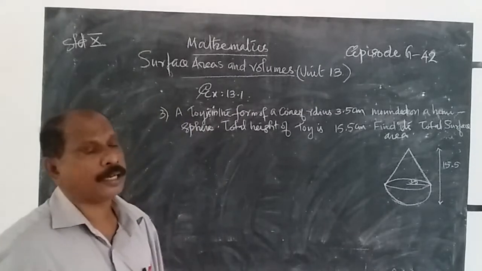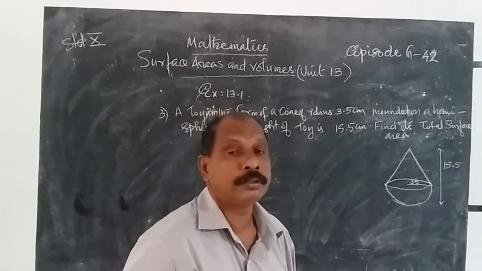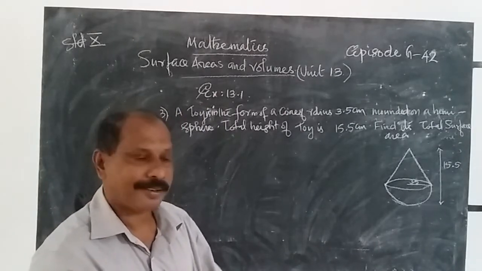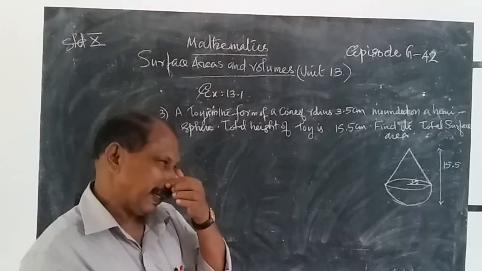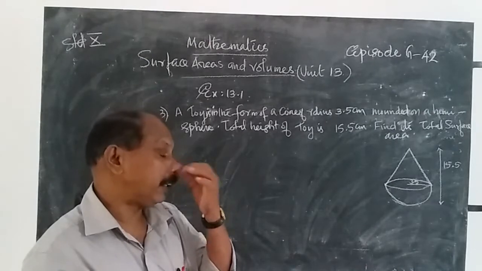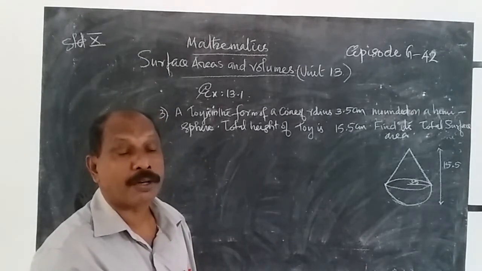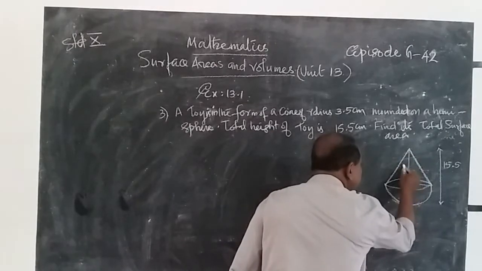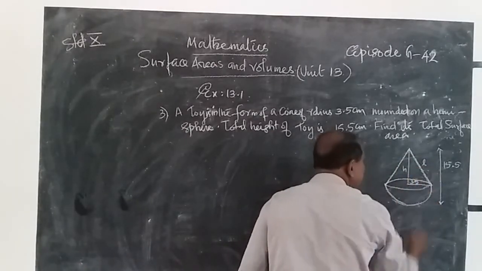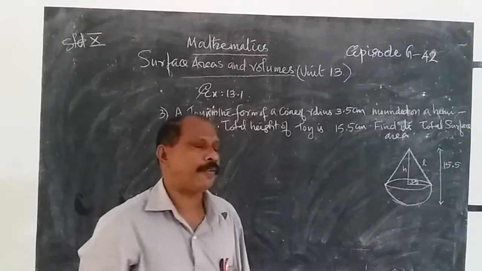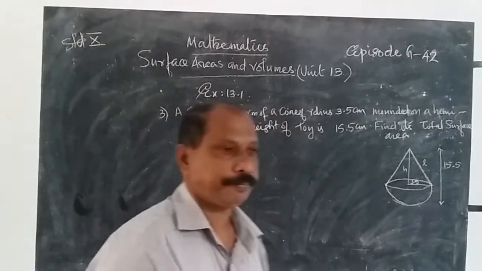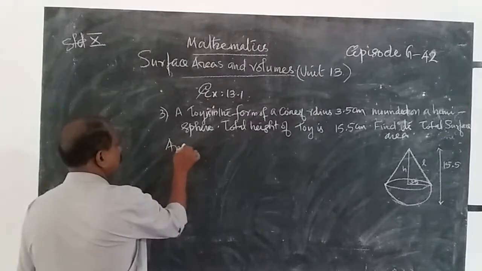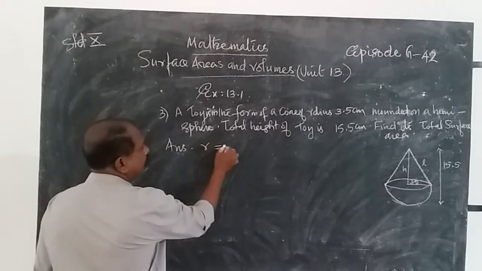Now, what is the curved surface area of a cone? It is pi r L. Therefore, we can find out the L using the Pythagoras theorem. Let this be L. Therefore, first of all, we can find out L. Then the answer is what? r is equal to 3.5.